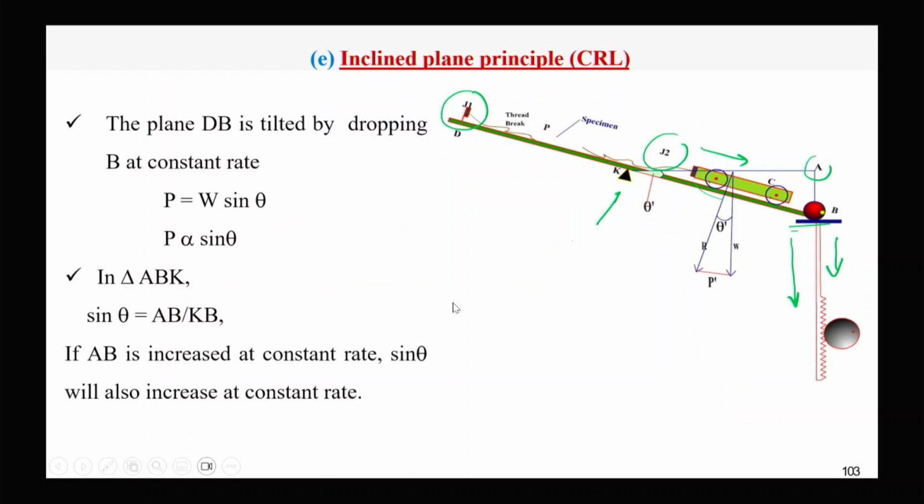So this is explained here. At constant rate the load is increasing, sin theta will also increase at constant rate. So load is increasing at constant rate. So it works on the CRL principle.